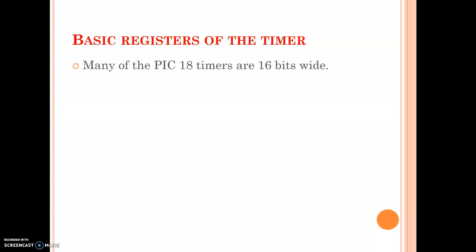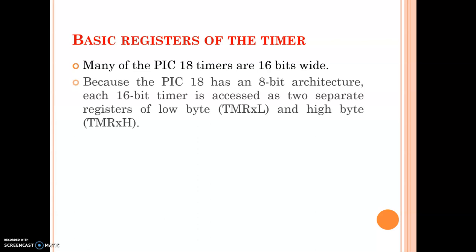Many of the PIC18 timers are 16-bit wide. That's what we discussed on the first slide of the introduction. The PIC18 actually has an 8-bit architecture. But in that case, the 16-bit timer is used as 2 separate registers.